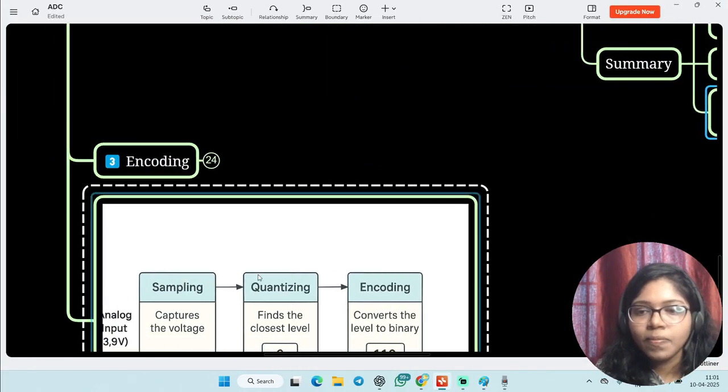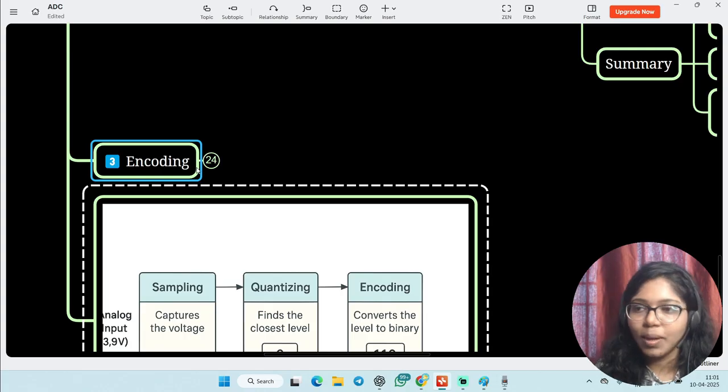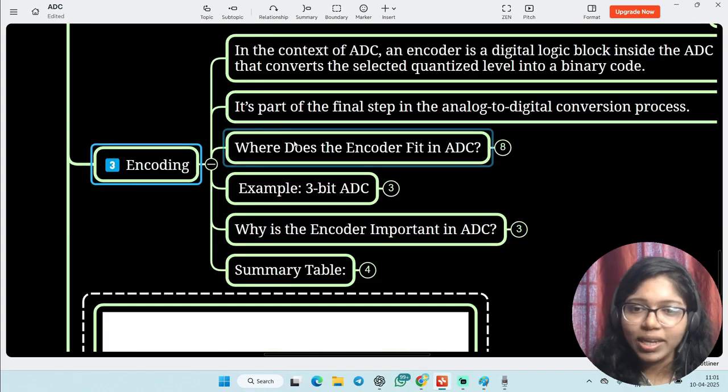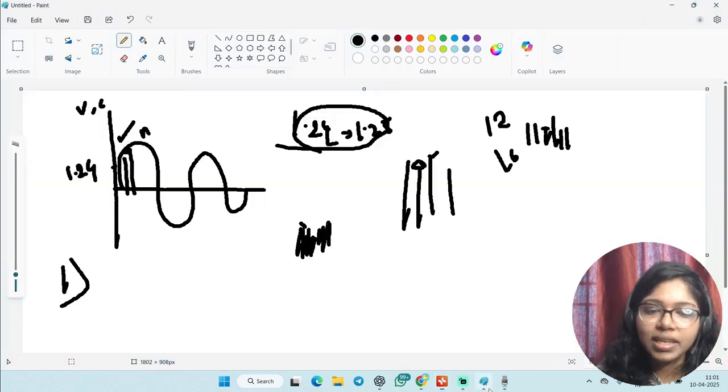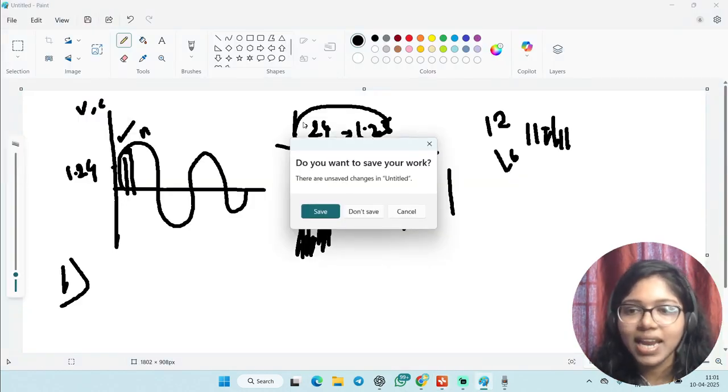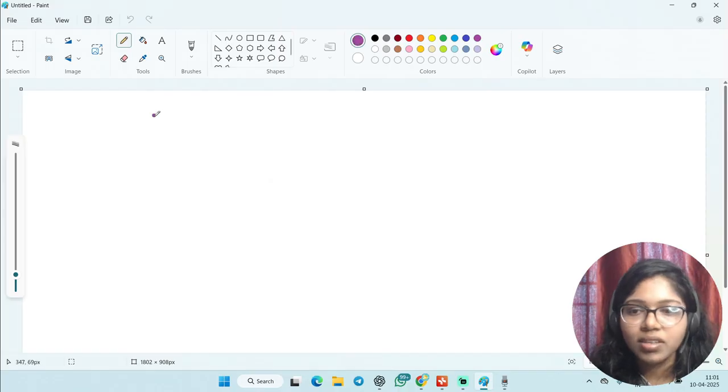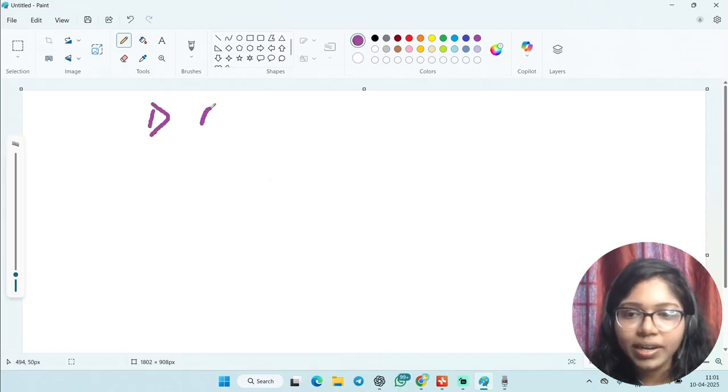And next is encoding. Encoding is another important topic which you are going to study right now. First, what is encoding? Think about what you have studied from the start. What is sampling? In sampling, your analog data is converted to sampled data.